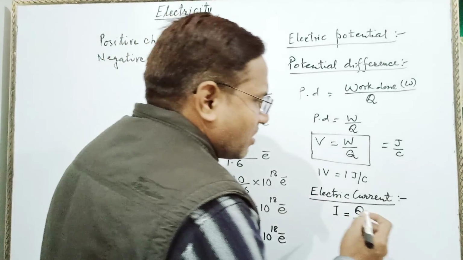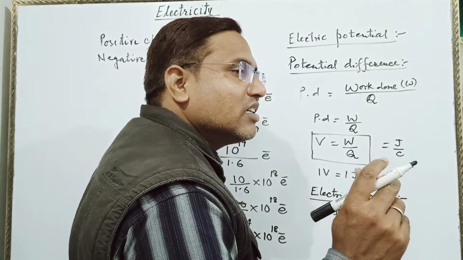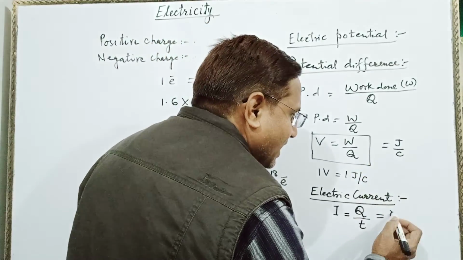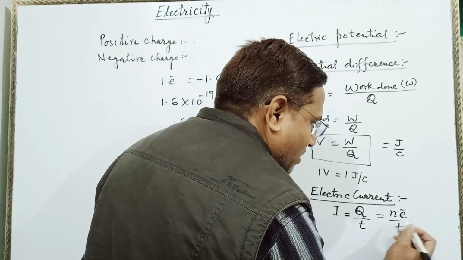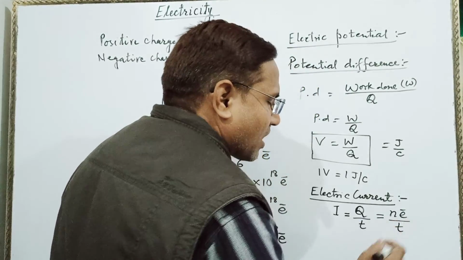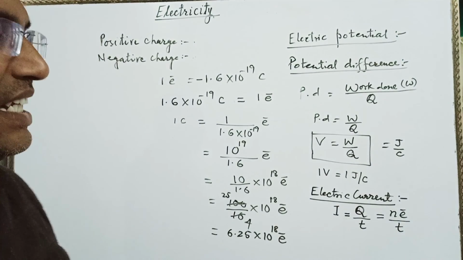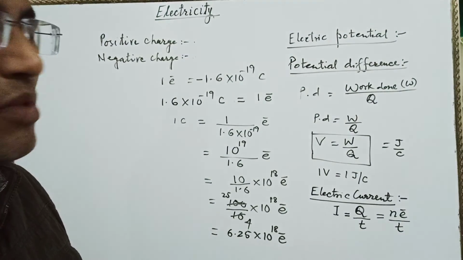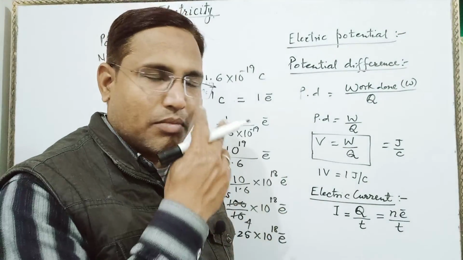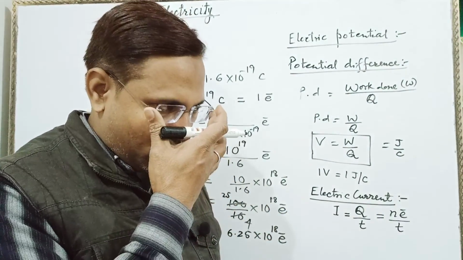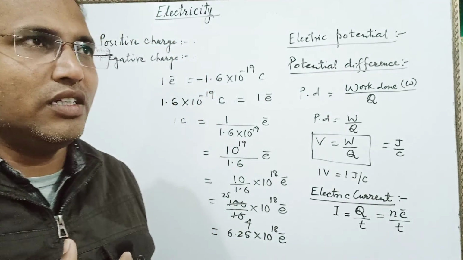If I say that Q is equal to NE and T is equal to time only, another formula comes: I is equal to NE by T, where N means number of electrons and E is the charge of an electron. That means I is equal to NE by T.